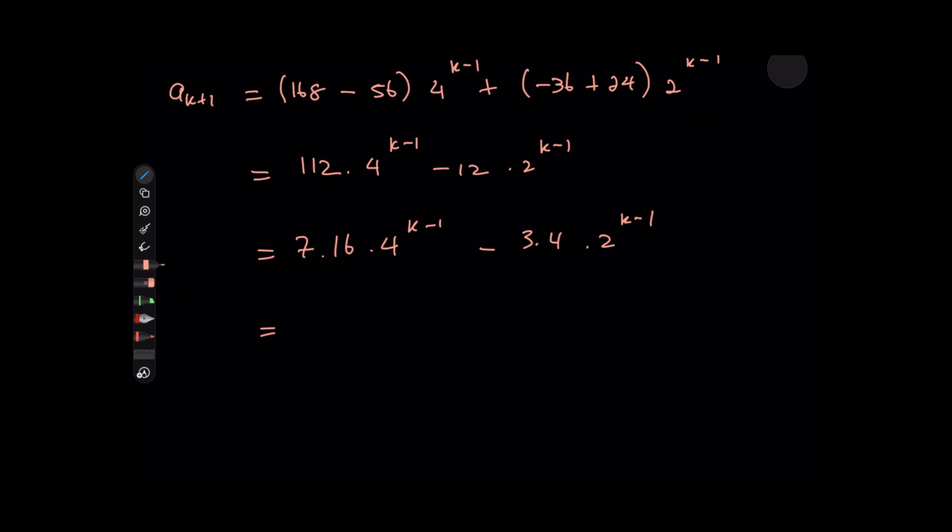So I'll have 7 by 4 to the power of k plus 1, because 16 is 4 squared, and the bases are the same. So 2 minus 1, that's how I'll get the plus 1 here. And then do the same thing for this, so I'll get minus 3 by 2 to the power of k plus 1.